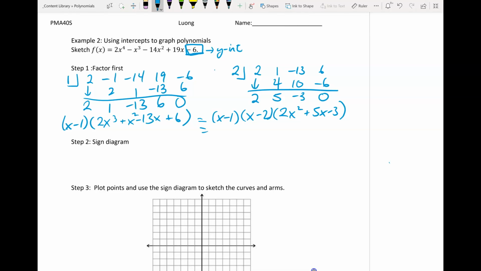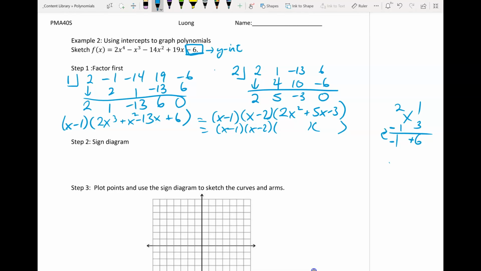And I'm going to use the box method to do this. So our factors of 2 is 2 and 1. And factors of 3 is 1 and 3. I'm going to multiply across, so 2 times 3 is 6, 1 times 1 is 1, and I can achieve a positive 5 if I had a positive 6 and a minus 1.